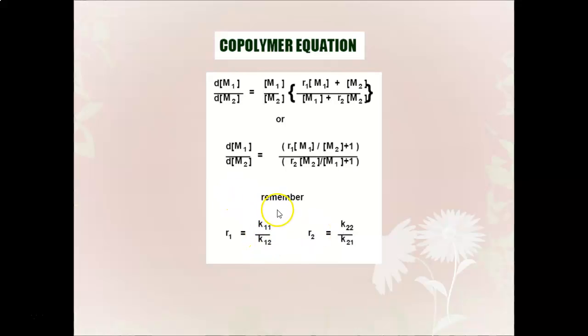You just need to remember r1 equals K11 over K12 and r2 equals K22 over K21. You don't need to memorize this kinetics, which is complicated. Just remember the r1 and r2 formulas. r1 and r2 are the monomer reactivity ratios. So this equation will give the composition of the copolymer being formed at any instant during the reaction.